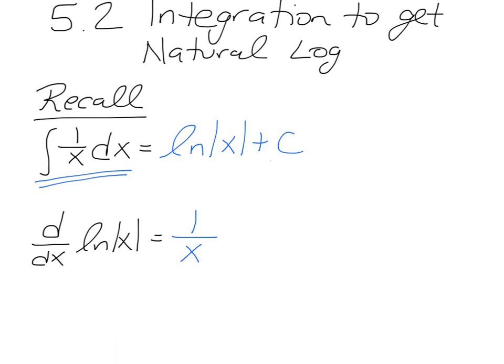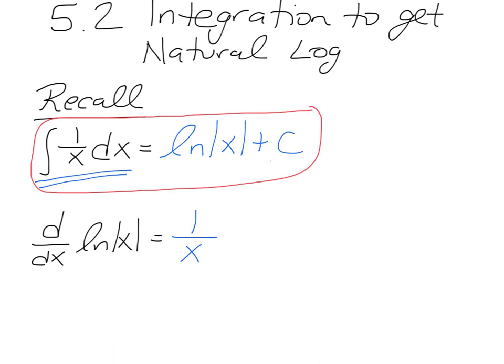And so this is the rule that we are going to be focusing on today, is that if I can get my integral to look like 1 over x or 1 over u if I'm using u substitution, it's going to turn into a natural log.